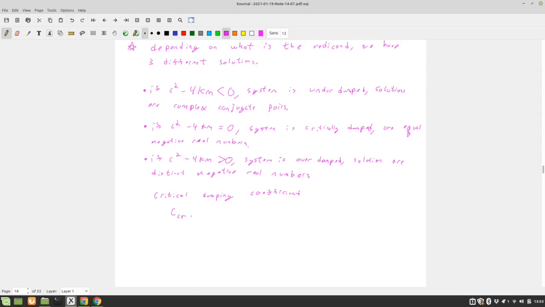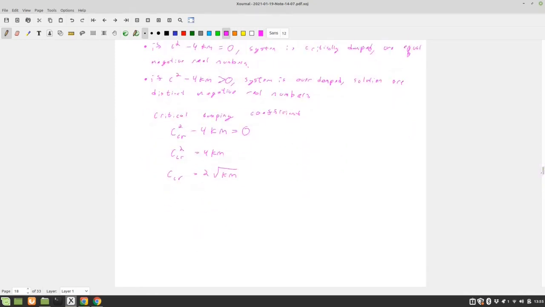We call it c_cr for critical: c squared minus 4km is equal to 0. So this gives us c_cr squared is equal to 4km, which gives us c_cr is equal to 2 times the square root of km. Does that make sense?